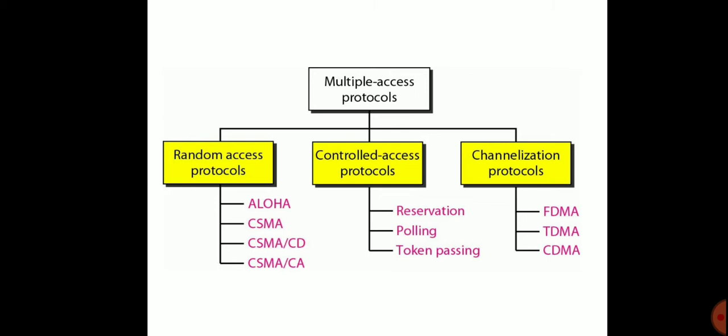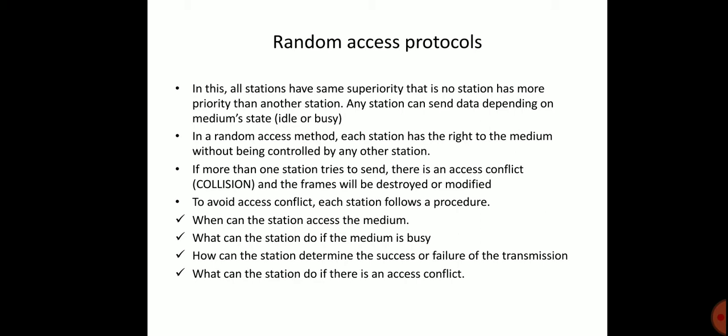Now we discuss the random access protocols. In this, all stations have the same superiority. That is, no station has more priority than other stations. Any station can send data depending on the medium state, that is idle or busy. In a random access method, each station has the right to the medium without being controlled by any other station.